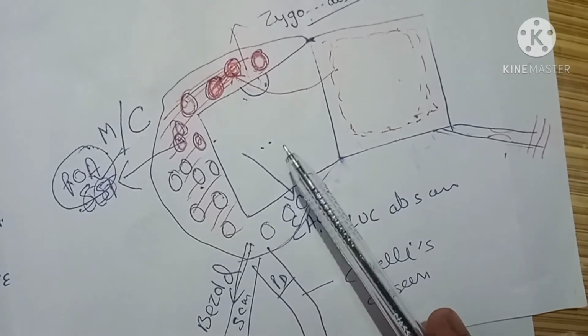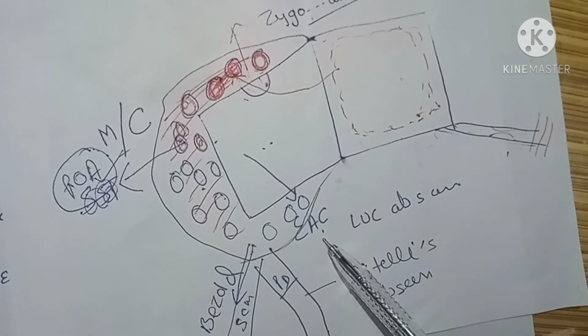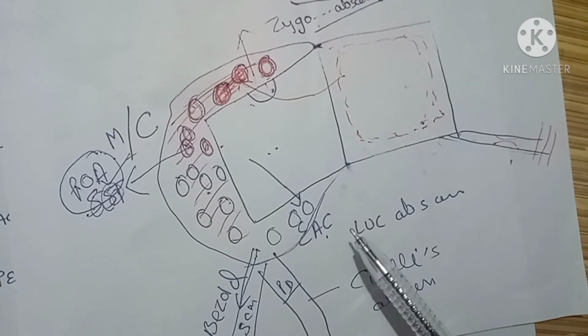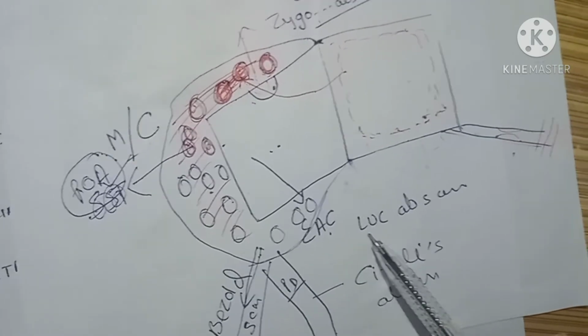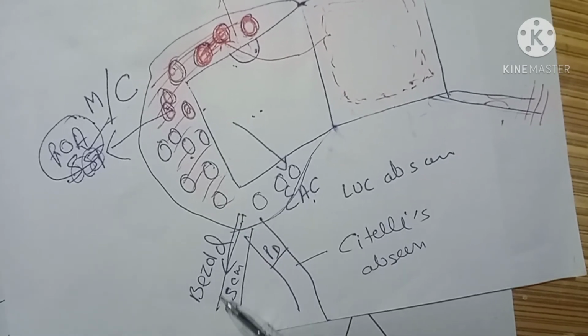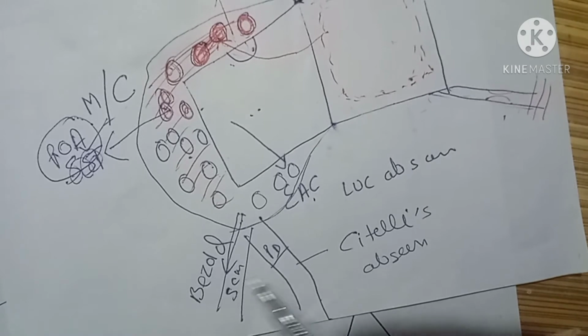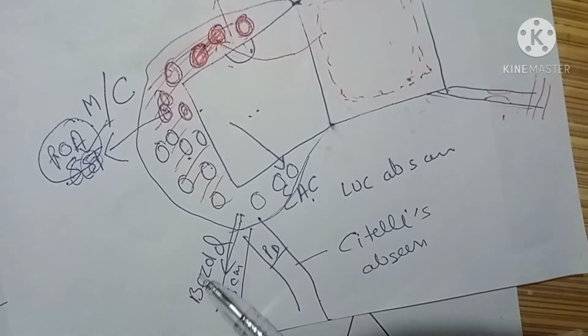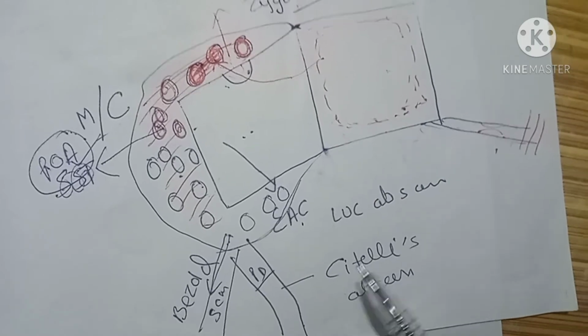So when this is infected, it can also involve the external auditory canal, and pus will travel out there. This is known as Luc's abscess. Inferiorly, this may travel through the sternocleidomastoid or the posterior belly of digastric. When through sternocleidomastoid, it is Bezold, and when through the posterior belly of digastric, it is Citelli's abscess.